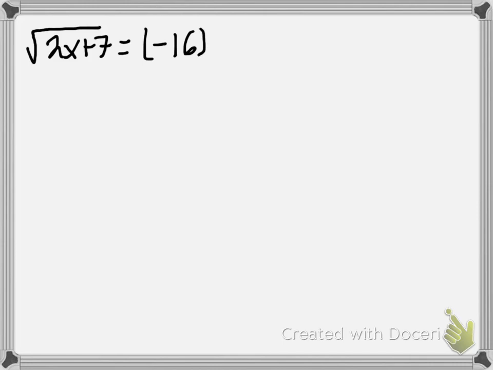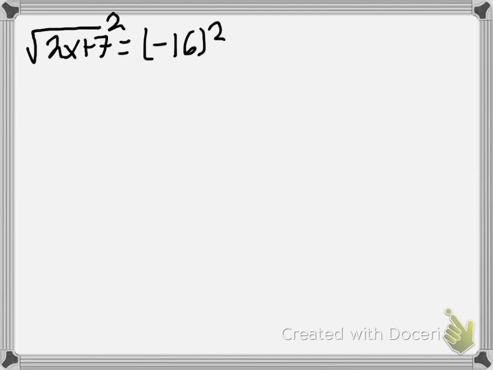Question number 15 gives us this problem. The square root of 2x plus 7 equals negative 16. We're going to square both sides, as you would think.